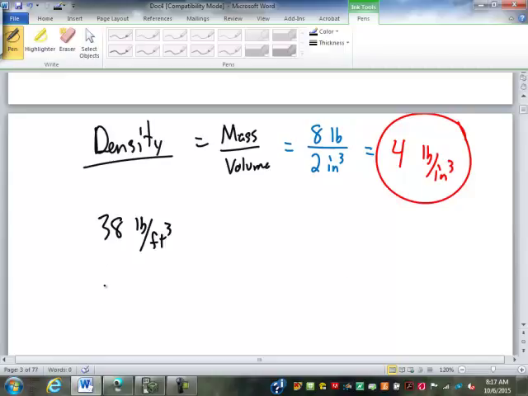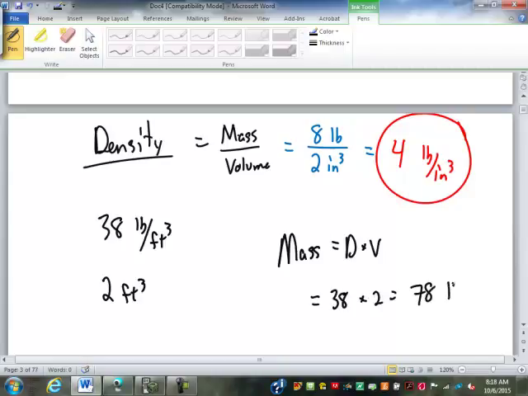So 24 board feet is 2 cubic feet of wood. The mass of that can now be found by just rearranging this formula: the density times the volume. So my 38 pounds per cubic foot times my volume of 2 gives me 76 pounds is what that's going to weigh if it contains 2 cubic feet of that wood.